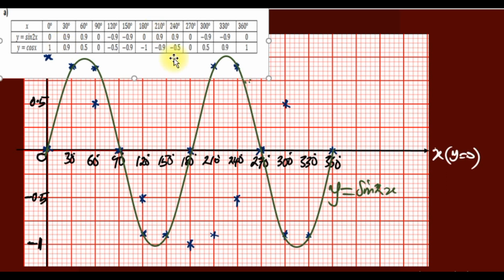So when it is 330, we have 0.9. 330, 0.9 is 18 up: 5, 10, 15, 16, 17, 18. And when it is 360, we have 1. So 1 is here.